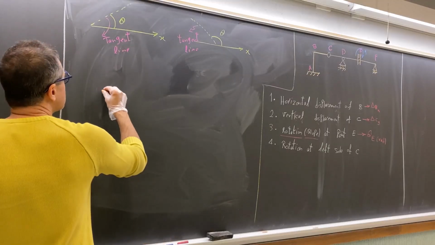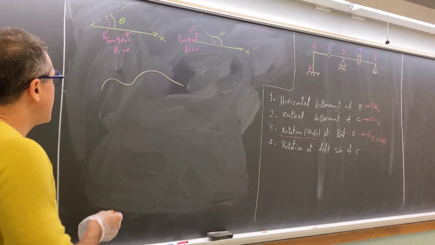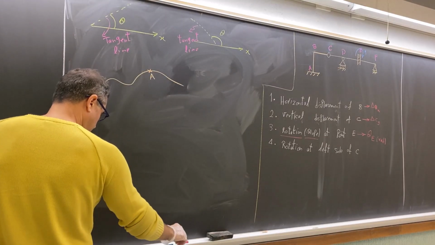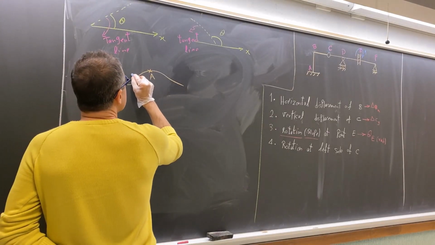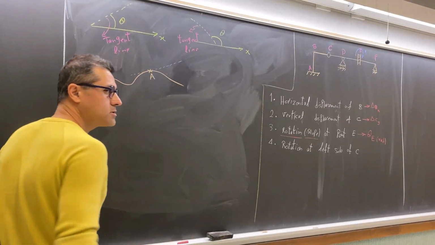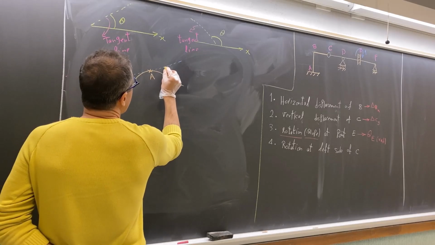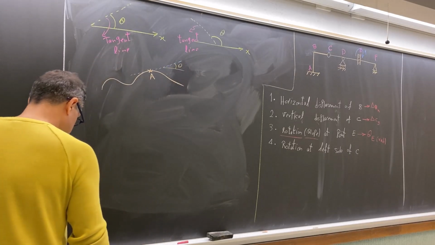If this is the deflection shape of your structure, for example, and you want to look at point A and draw theta for point A, you draw a tangent line at point A, from calculus you know how to draw it, and then this tangent line will form an angle with the x-axis. That is theta.